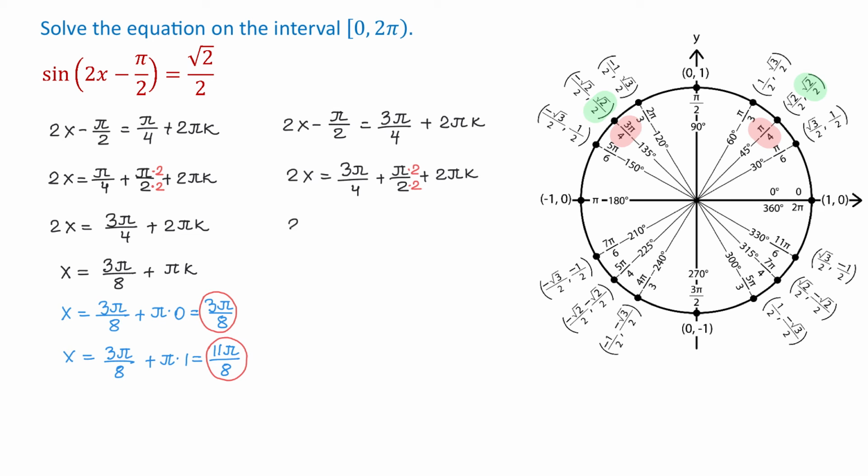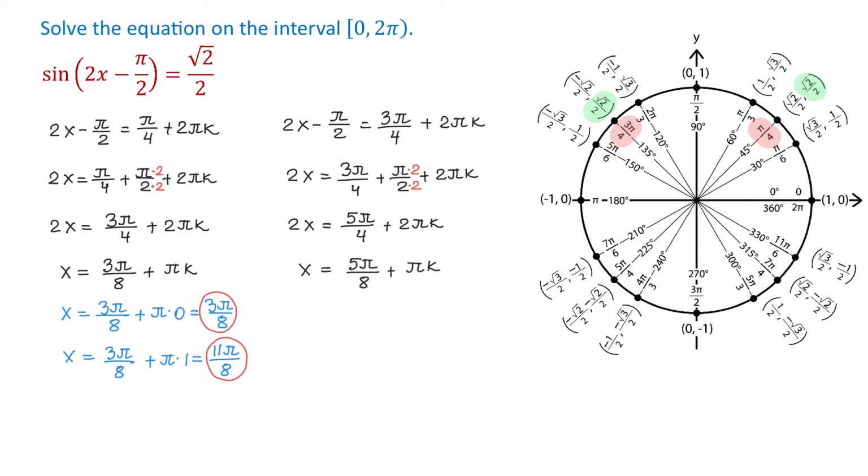And now we will have 2x equals 5 pi over 4 plus 2 pi k. Then let's divide both sides by 2. So on the left side, 2x divided by 2 is x. And on the right side, 5 pi over 4 divided by 2 is 5 pi over 8. And 2 pi k divided by 2 is pi k.